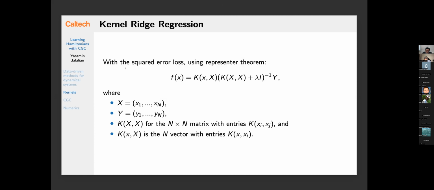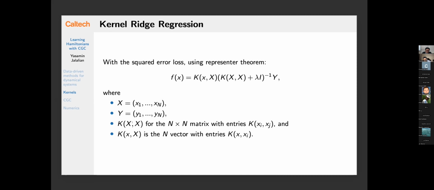More precisely, with the squared error loss, using the previous representer theorem, we're going to have the following interpolant for our F, where F of x is going to be K of little x and capital X, times the inverse of K of capital X and capital X plus lambda times the identity matrix, times Y, where X is the vector of our xi's and Y is the vector of yi's.